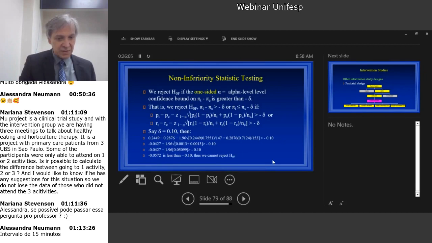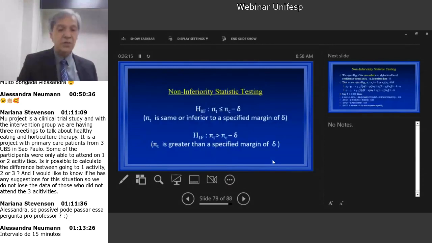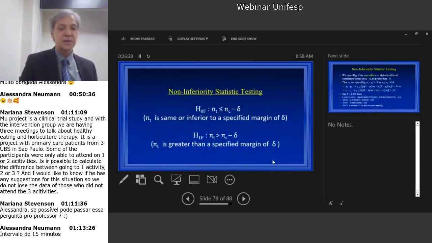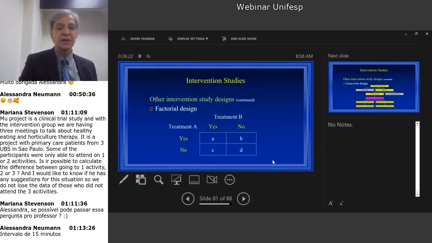No, actually, how much is it? It's going to be 0.0572, which is less than 0.10. Thus, we cannot reject the null hypothesis. So the statistical tests agree with the simple confidence interval and the relative risk for a non-inferiority trial. So review this carefully.